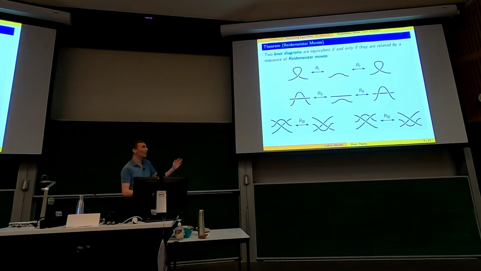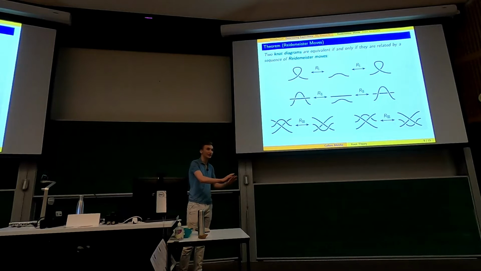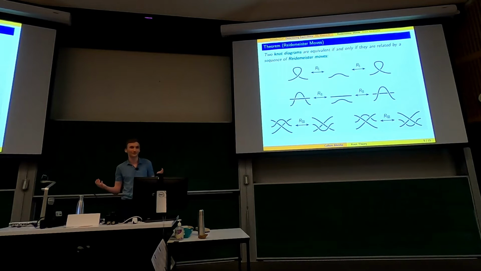No others. These are all three moves that you need, which is quite beautiful, because it says that this 3D object, which is actually quite complex, we can project out to 2D, and we only have to work with three moves. And that's the basis of the knot theorem.